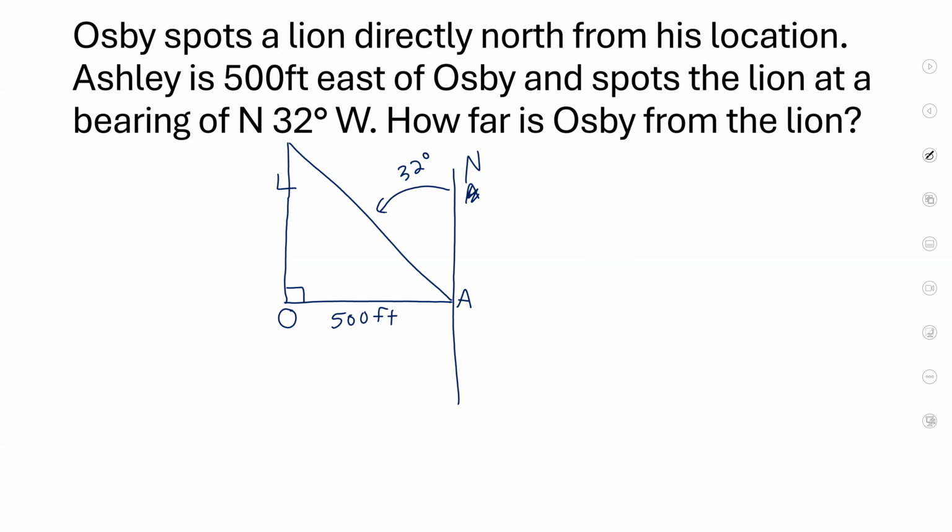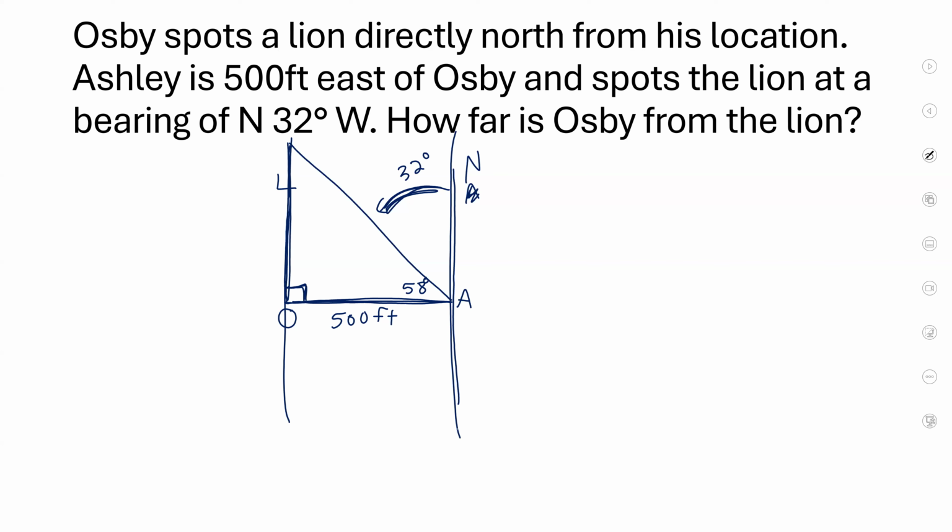So I know that this angle is 32. Well, these are right triangles. So what is this other side? So inside here is 58. Okay. The key word is that this is directly above Osby and Ashley is east of Osby. So these are forming right triangles. These lines are parallel.